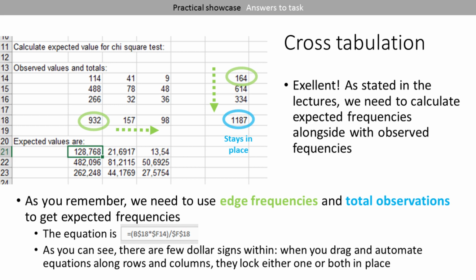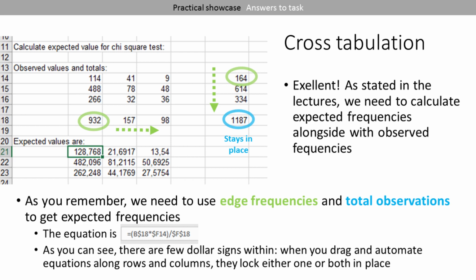And of course the last one, with the total observations, we just want it to stay on the one cell. So we put dollar signs in front of the letter and in front of the number. So we are going to lock it in place, and we can calculate every single cell like this without doing extra calculations at all.